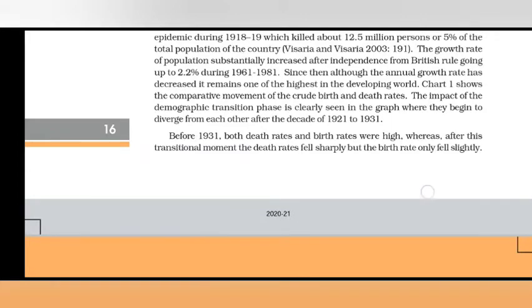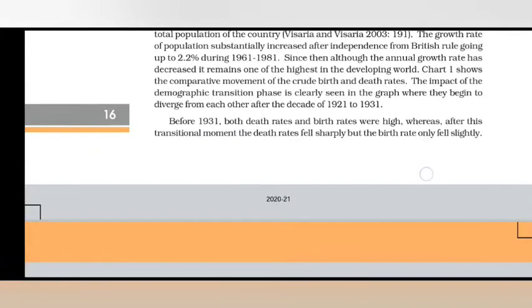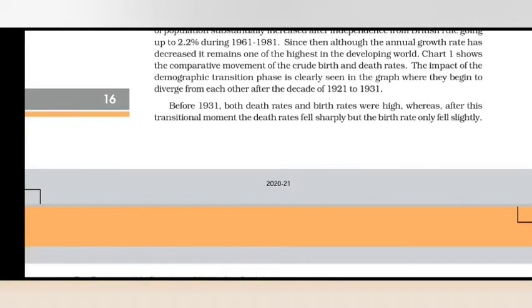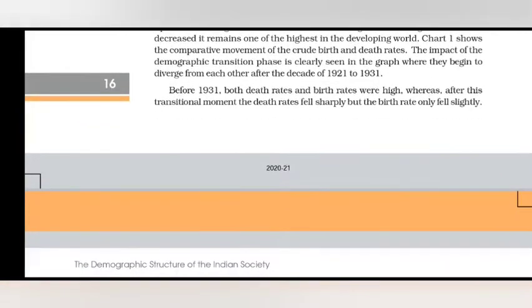Since then, although the natural growth rate has decreased, it remains one of the highest in the developing world. Chart 1 shows the comparative movement of crude birth and death rates.